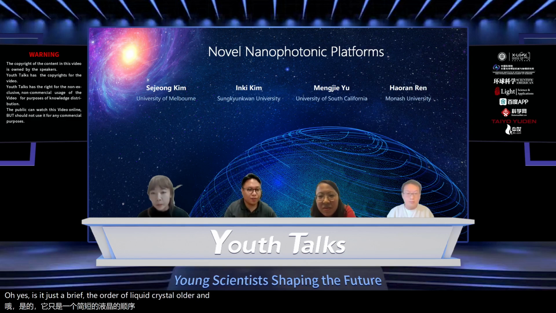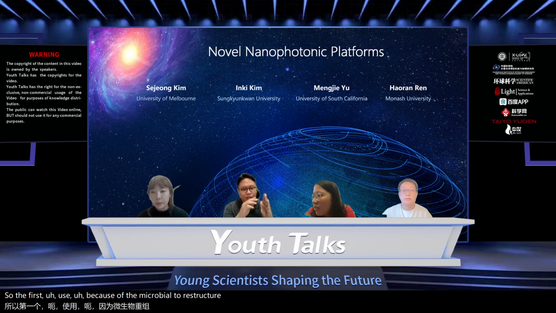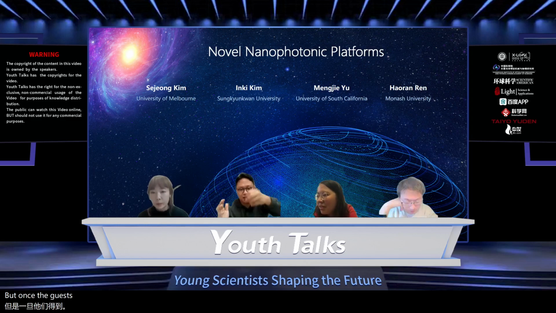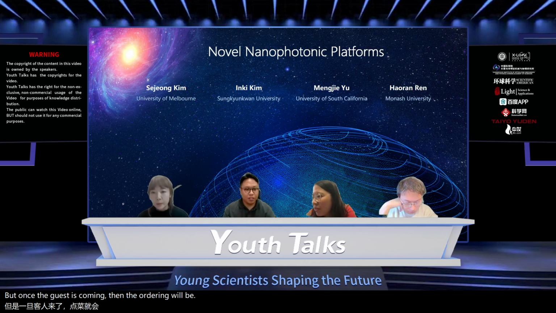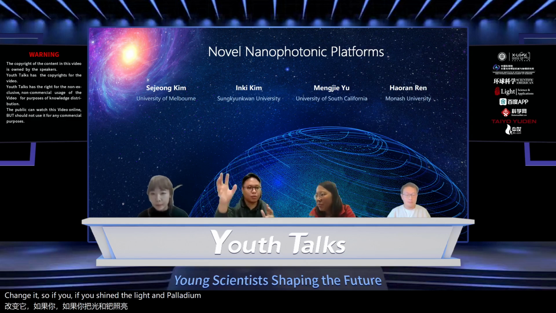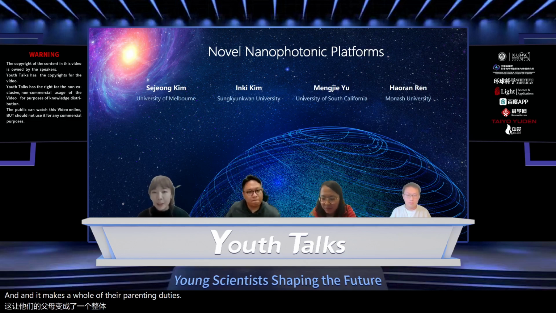First, because of the microwell grid structure, the liquid crystal orientation is well aligned. But once the gas comes, the ordering will change. So if you shine light, the polarization state also will change, and it makes the hologram pattern change. Thank you for your answer.